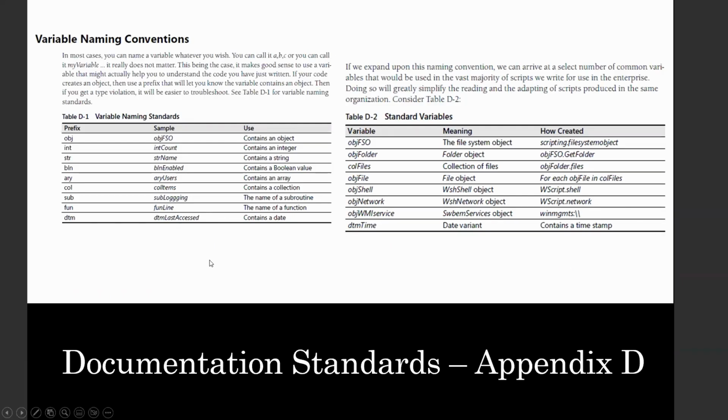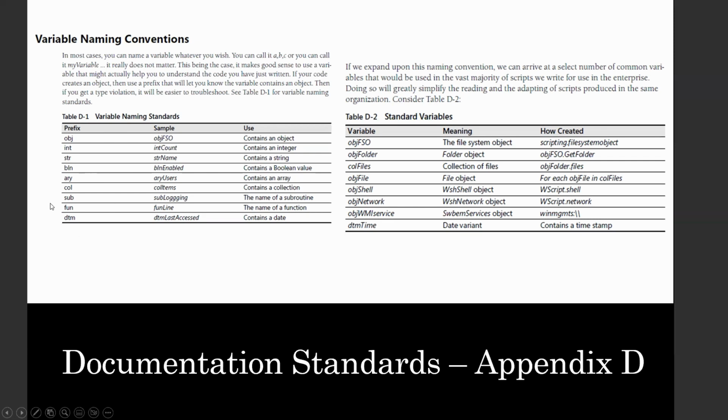Here we've got some great variable naming conventions. VBScript is very unique in its naming conventions. Here we like to start out our variable name with what it is. Remember, we don't data type.